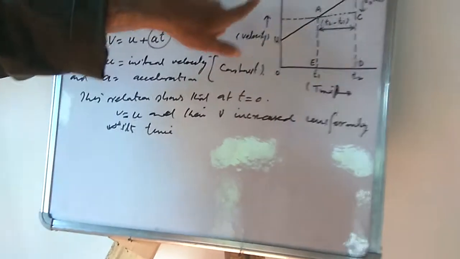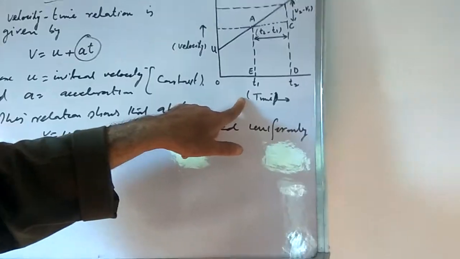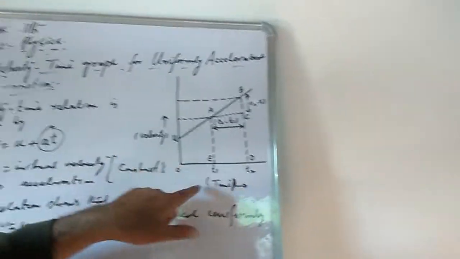Now I have drawn here the graph between the velocity and time. It is known as a VT graph, that means velocity time graph.